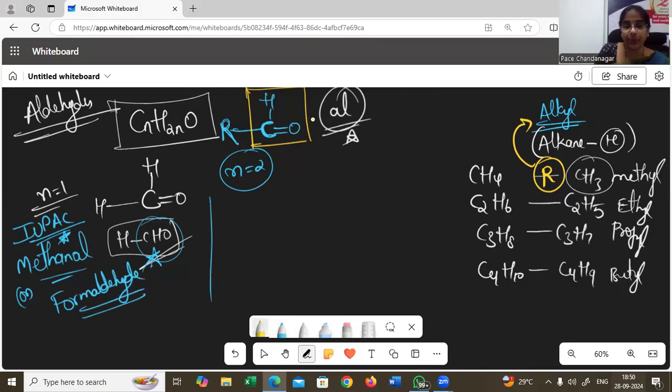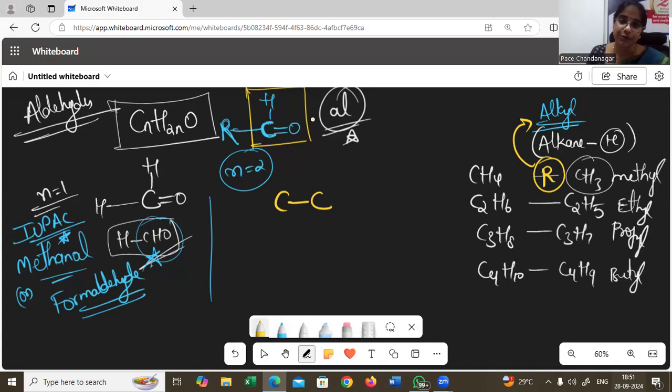Now, if N equals 2, 2 carbons at a stretch, because that's what the catenation property says. Carbon connects to carbon to carbon, giving a long chain, and that is the catenation property.